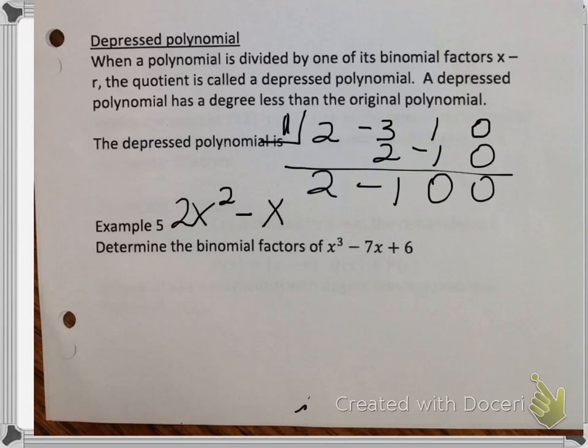Okay, example 5. It says determine the binomial factors of this equation. Okay, there's two different ways of doing this. You can use method 1, which is to use synthetic division, and then you could do method 2, which is using the factor theorem. So we're going to trial and error these.